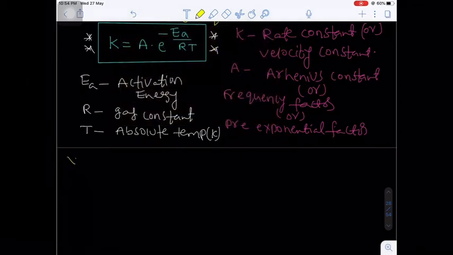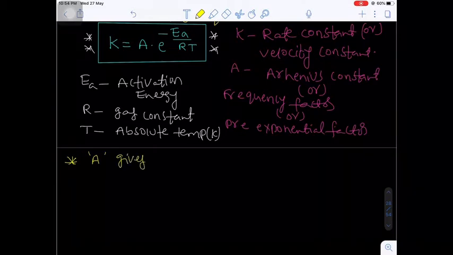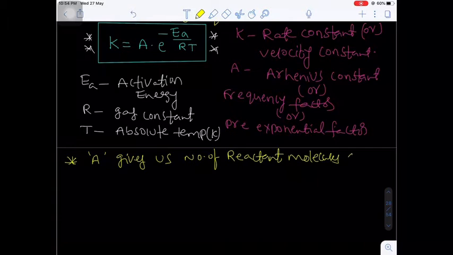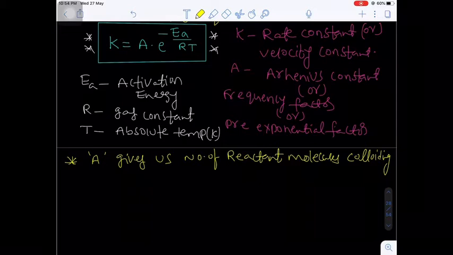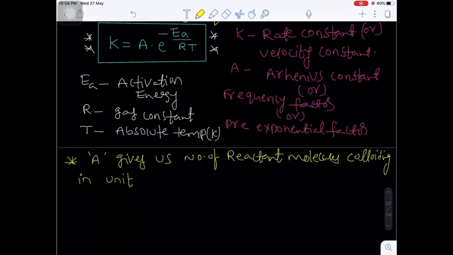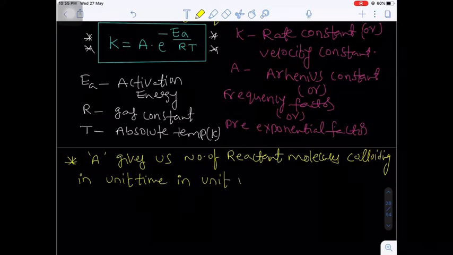Now in this expression, capital A gives us the number of reactant molecules colliding, the number of reacting molecules colliding in unit time in unit volume.